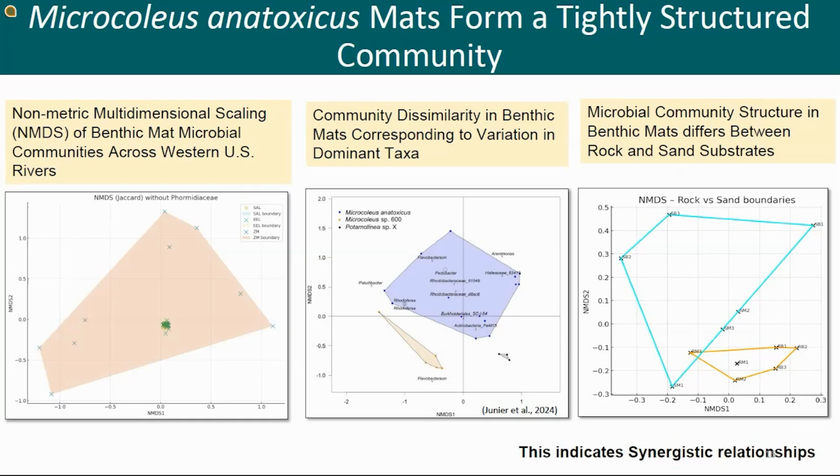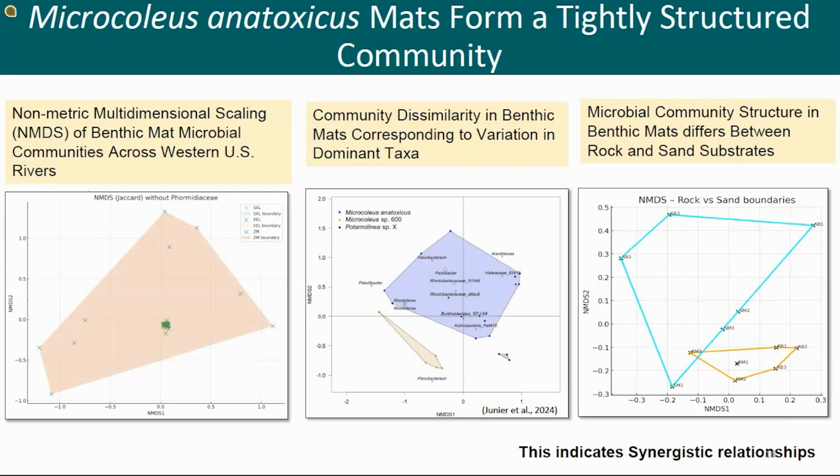Here is a graph from recent research, which shows that the cluster differs when the most abundant species differs. So for Microcoelius anatoxicus, the cluster was always the same, but when the dominant species was other than Microcoelius anatoxicus, the cluster varies.